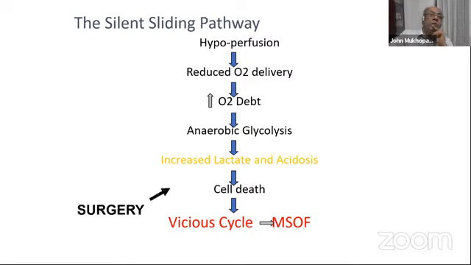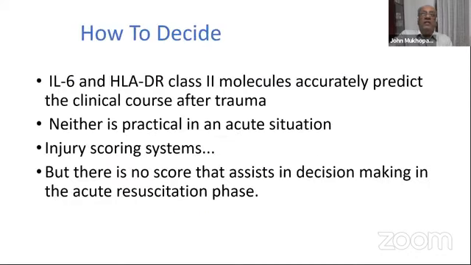And if, in this situation where the patient is primed for complications, you do surgery, then the chances of having major complications increase significantly. Now, how do you decide that the patient has come out of this systemic inflammatory response syndrome? There are biochemical markers such as IL-6 or the HLA-DR class 2 molecules, which can fairly accurately predict the clinical course after trauma.